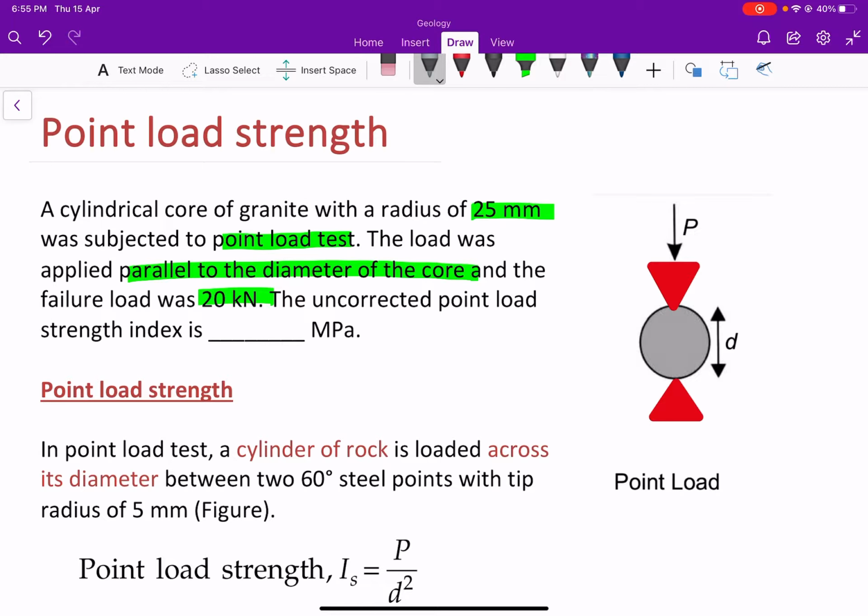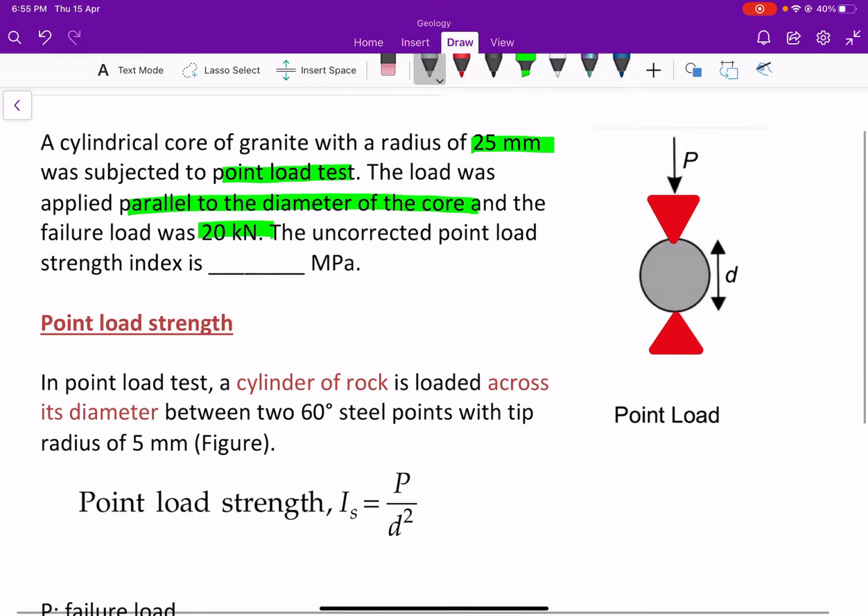In the point load test, a cylinder of rock is loaded across its diameter, as given in the question, and that sample is in between two 60-degree steel points.